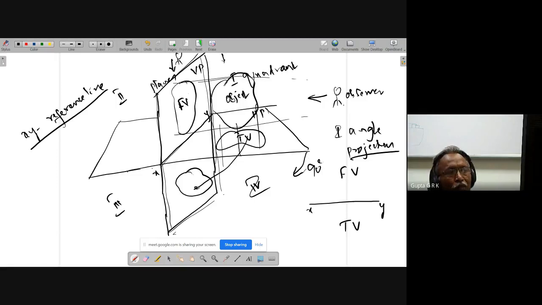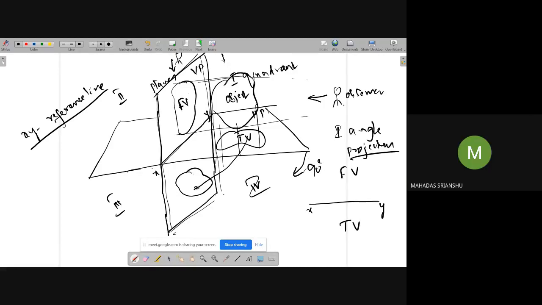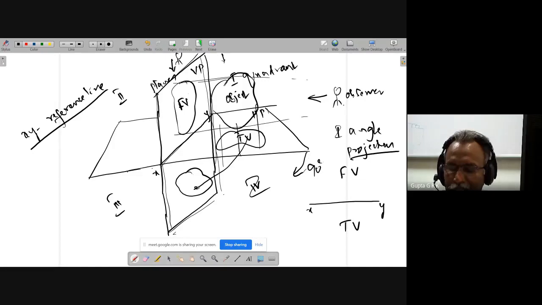So I rotate one of the planes 90 degrees and coincide it with the other plane. Here I am turning the horizontal plane by 90 degrees and coinciding it with the vertical plane. Whatever is on the horizontal plane comes down below XY, so I get a single drawing sheet. If you keep that vertical plane on the table, it becomes like a drawing sheet. In the center I have the XY line, above it the front view, and below it the top view. That is the way I get it.